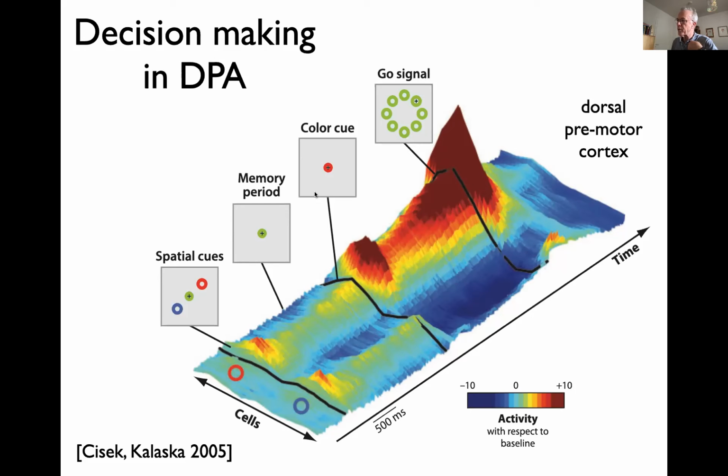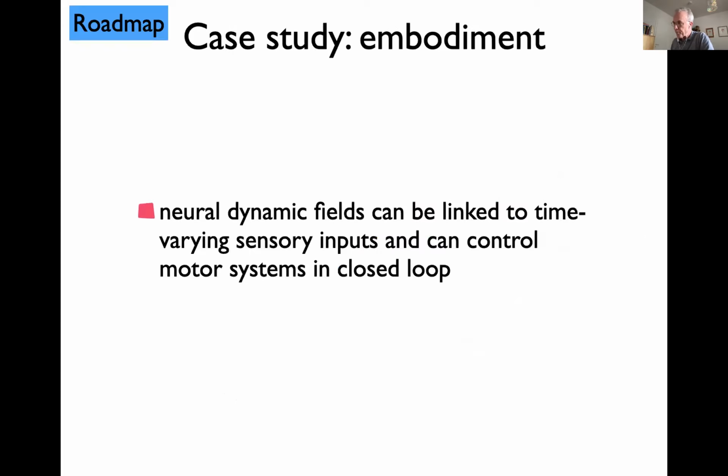Then the monkey got a cue which of these two to realize, and you can see the selection decision happening here. The blue choice, which was not selected on this diagram, goes down, and the other one goes up. This is actually the distribution of population activation, combining the response of many neurons in a space that reflects the parameter of the task, of what is being shown.